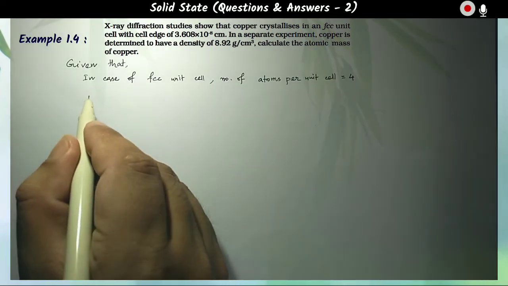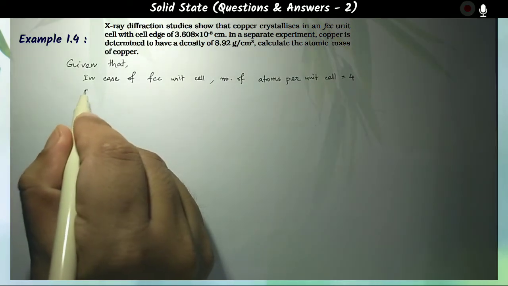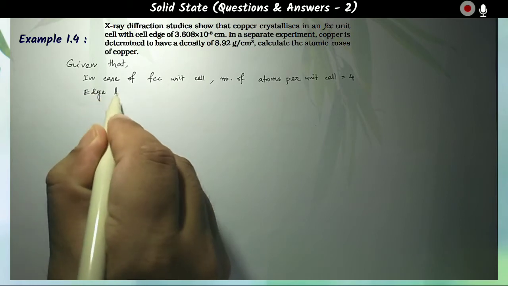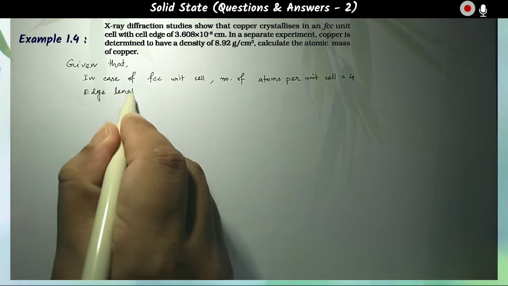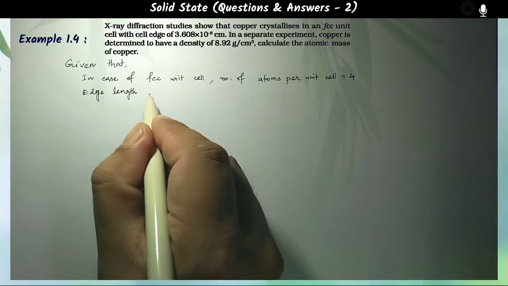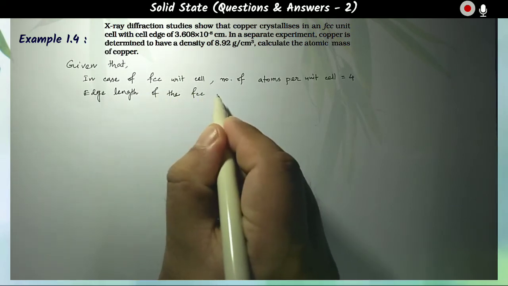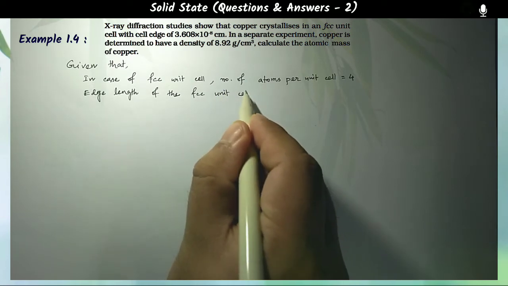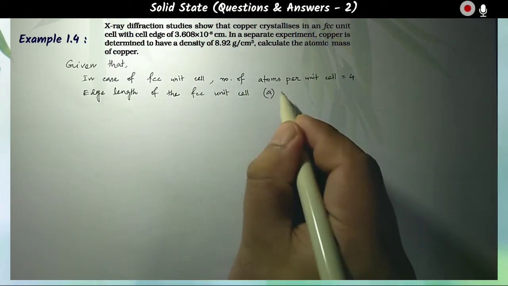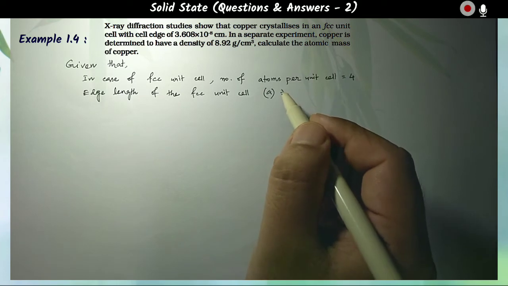And the edge length of the FCC unit cell is found from X-ray crystallography.